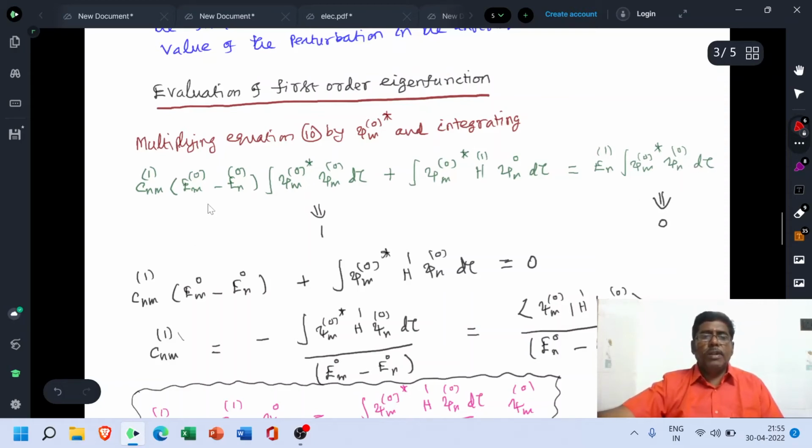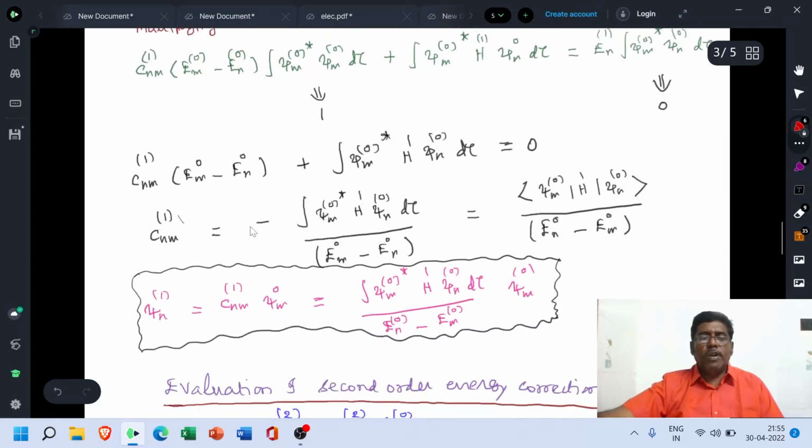So Cnm1 (Em0 minus En0) plus the integral of psi m0 star H1 psi n0 d tau equals 0. Therefore, Cnm1 is equal to minus the integral of psi m0 star H1 psi n0 d tau, divided by Em0 minus En0. To change this negative sign to positive, Em0 minus En0 is changed to En0 minus Em0.